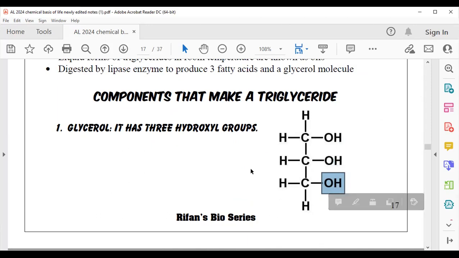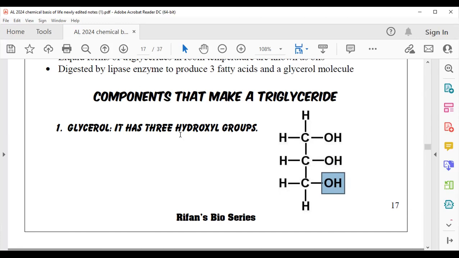This is a hydroxyl group. How many hydroxyl groups are present in a glycerol molecule? Three hydroxyl groups are there. Three hydroxyl groups mean three ester bonds it will form.